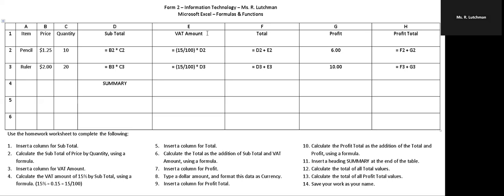Just like we have a table heading for these, we want to have a label. So I'm going to write total of totals. Okay, and next to it, I'm going to put a formula. So of course we start with an equal sign. F2 plus, oops, clicked in the wrong place. F2 plus, what was the next one? F3.